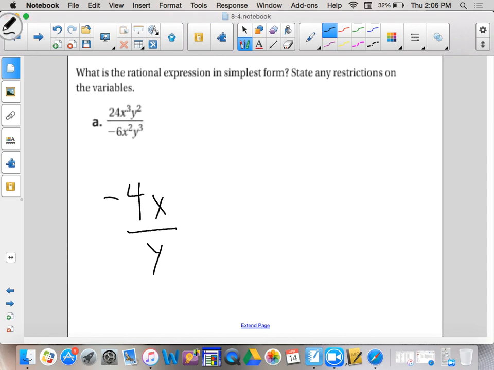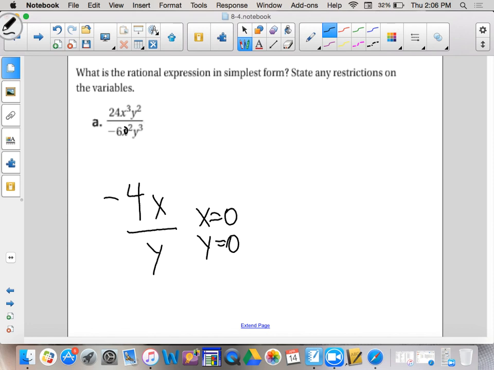Now I need to determine if I have any restrictions. What number could I put in for x that would cause this whole thing to be 0? 0. What number could I put in for y? 0. Because if I put 0 in for x, 0 squared gives me 0, and anything I multiply by 0 is 0.